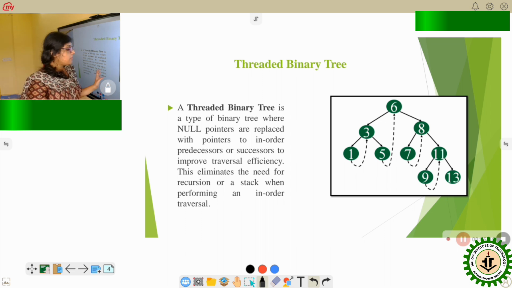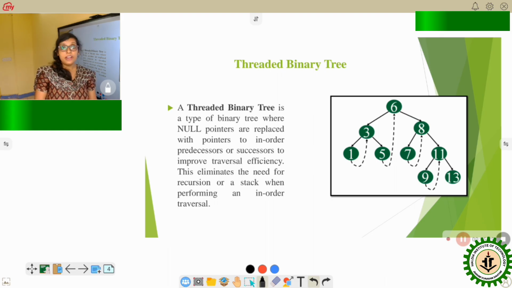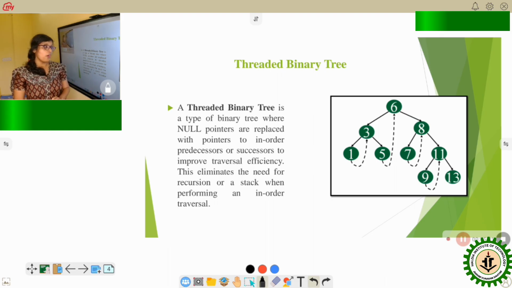In this threaded binary tree, what we are doing is connecting the children to their predecessors. So 1 is the child node of 3. It is connected to its predecessor in the form of a thread. This is actually a threaded binary tree in which the leaf nodes or the child nodes are connected to their predecessors in the form of a thread.